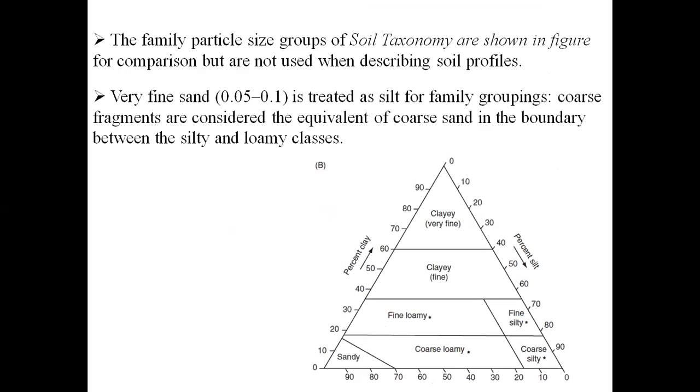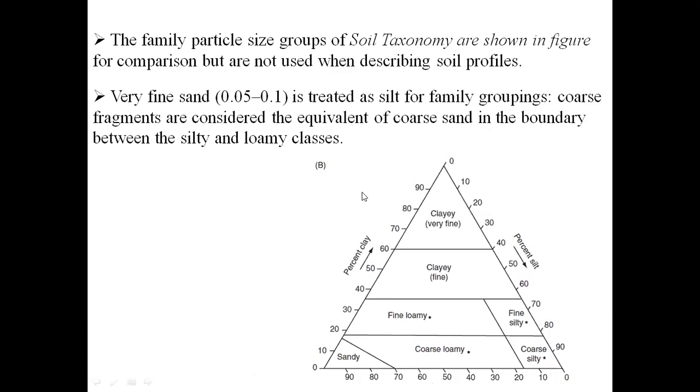Now let's see this, especially in soil taxonomy, students. Family particle size classes. There is a group you have read in soil taxonomy, the family. For classifying the family, we have to use a different triangle. That triangle is this one.